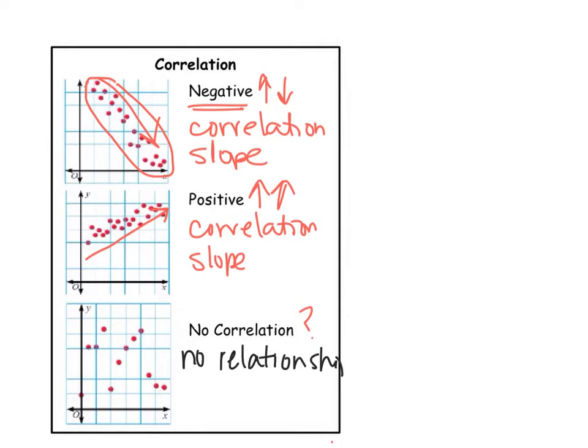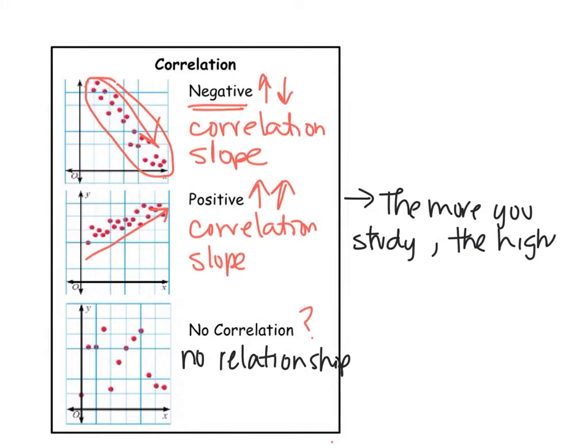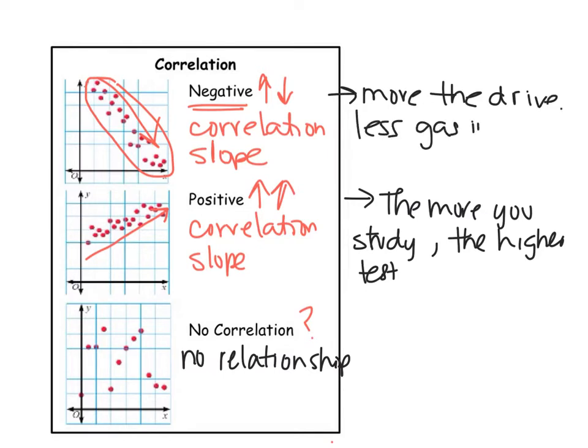There's no relationship. A positive correlation would be something like the more you study, the higher your test grade. A negative correlation would be something like the more you drive, so the more miles you drive in the car, the less gas there is in the tank of the car, and we're talking about a car that uses gas.